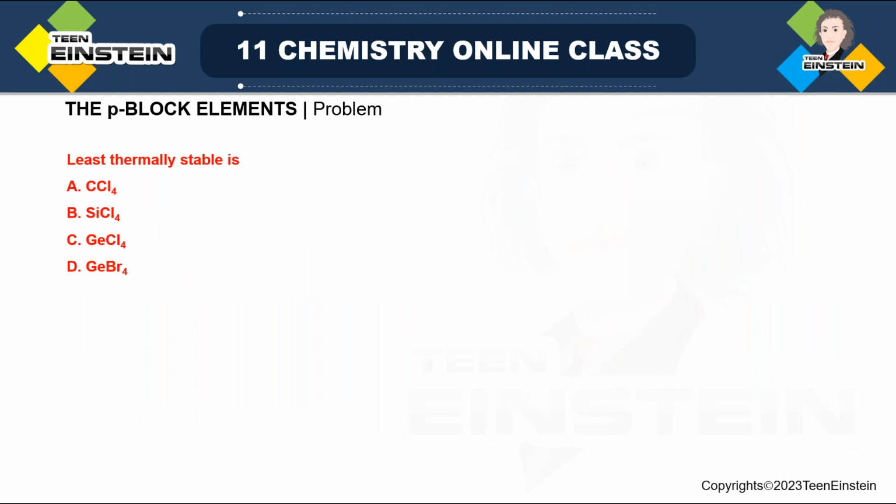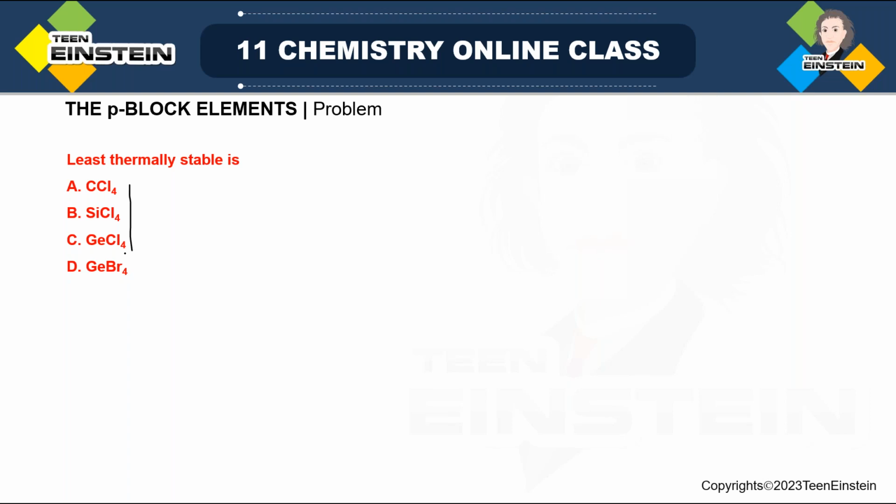Here we have all group 14 elements, obviously carbon, silicon, germanium, and we have two types of halogen. Chloride is there, and for the last option there is bromide also. We have to find the least thermally stable one. First, just forget about Br, because only in these three the halogen is same.